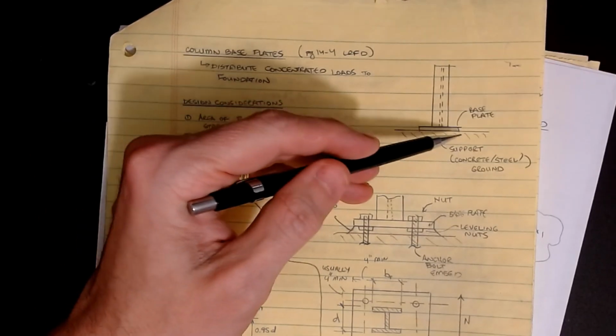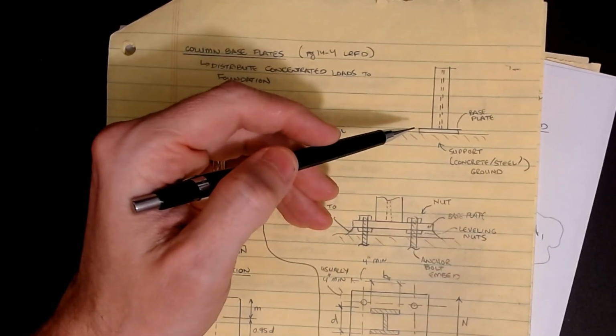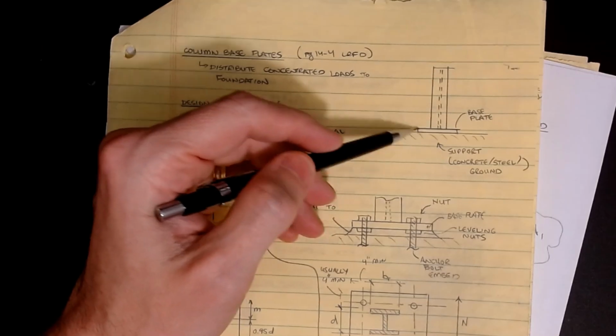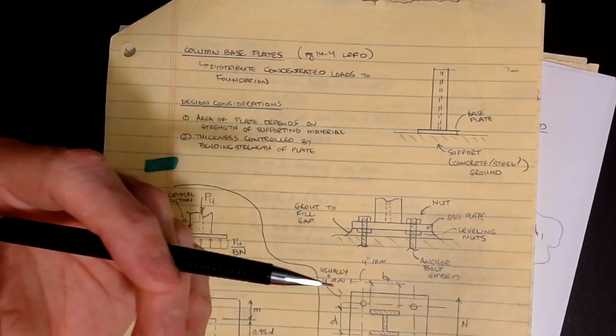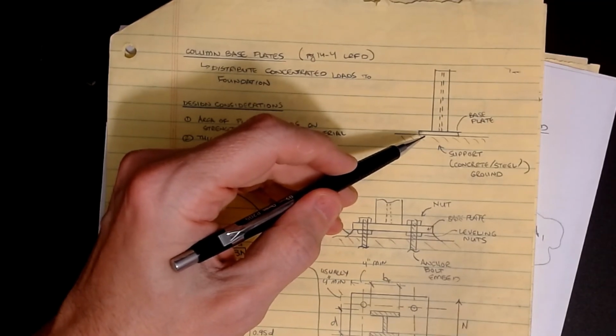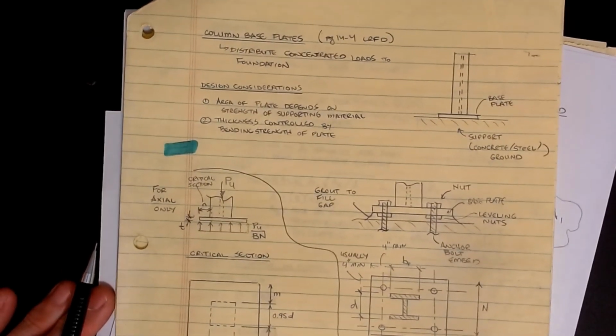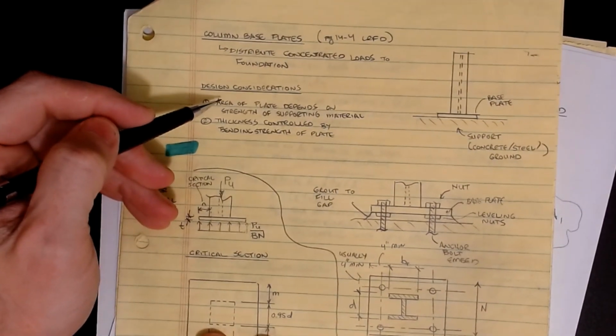We've got to get a bigger plate to spread that load out and get the stress under the plate a whole lot less. If it's something like steel, it's a lot stronger, so maybe I don't need as much of a section. We'll get into steel bearing plates when we look at beam bearing conditions later in our series, but we're not quite there yet. So that's how we're going to size the plate dimensions based on the bearing stress.